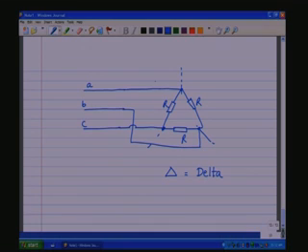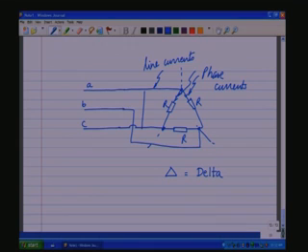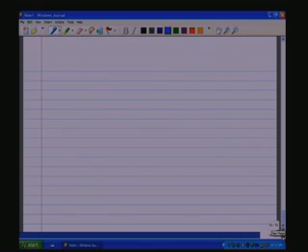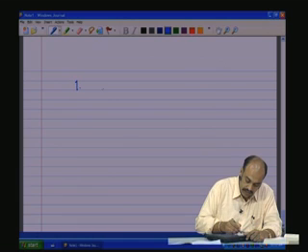In this case, phase voltage and line voltage are the same. You have the line currents which are flowing in the lines, and phase currents which are flowing in the phases here. Let us say this is the phase currents, line currents, phase voltage, and so on. So, in general we have two major types of circuits.